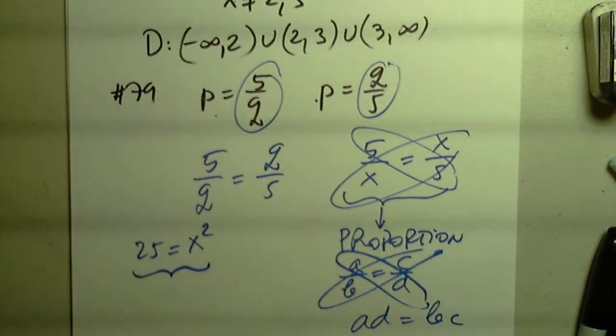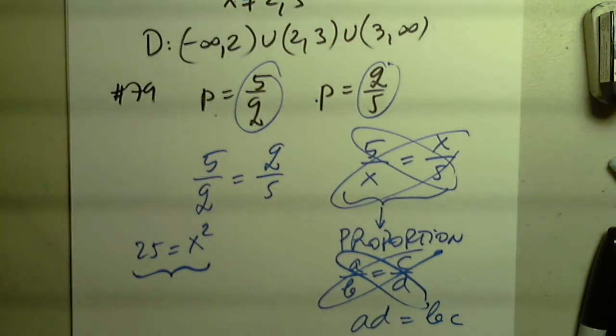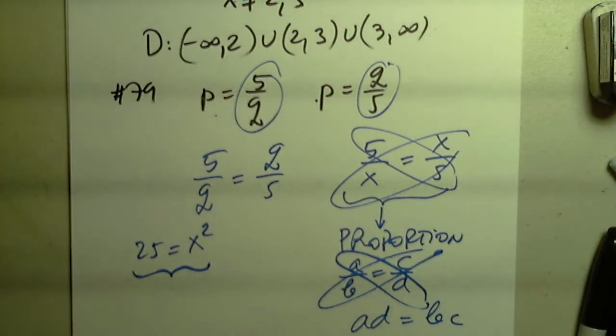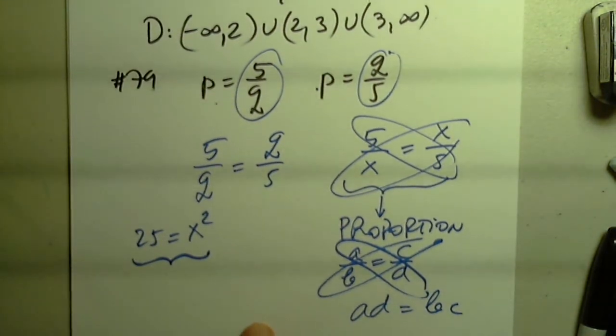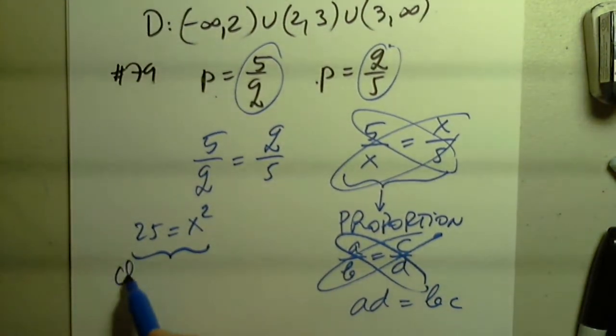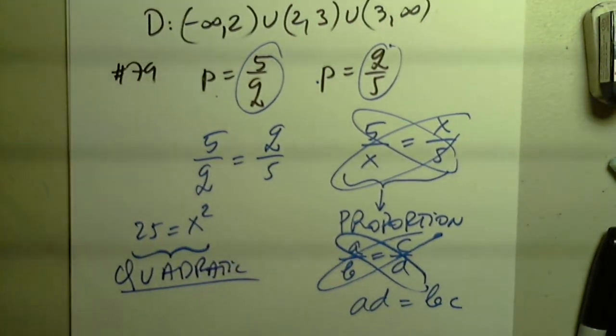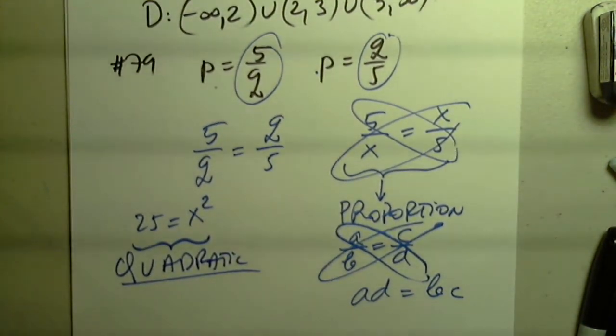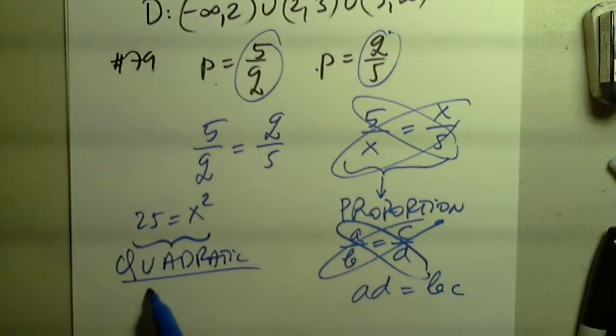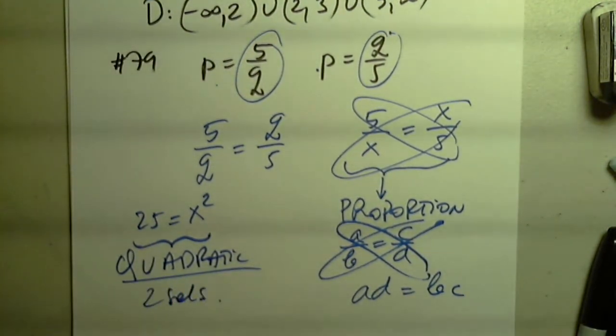It is important to identify it correctly so we know how to solve it correctly. Ari, what do you think? What type of equation is this? Is it quadratic? Thank you very much. How many solutions will a quadratic equation have? Always 2. Excellent. How do I get them?